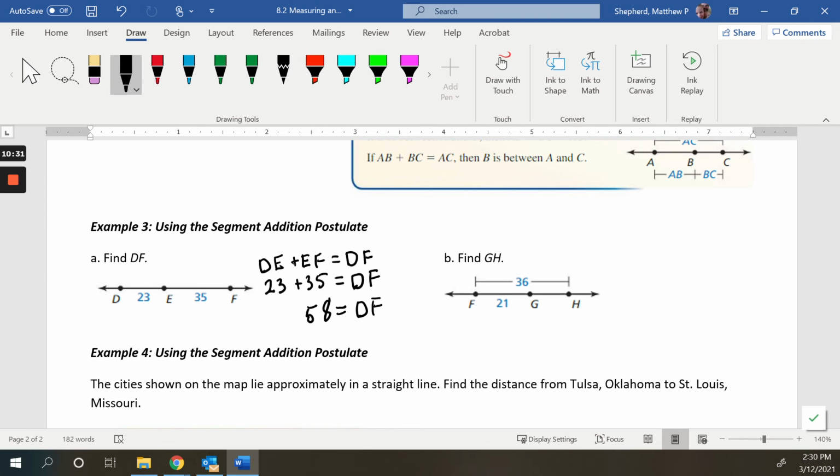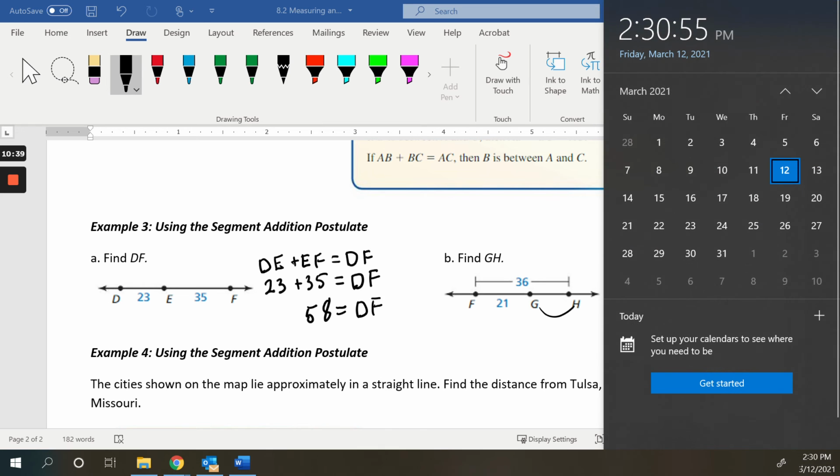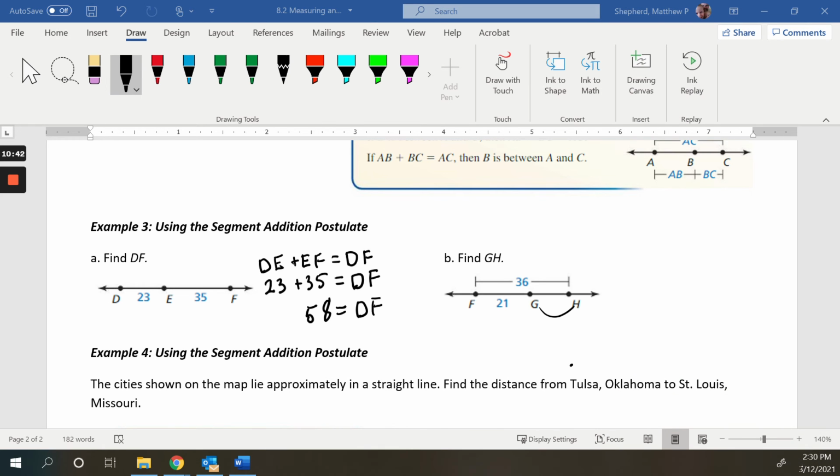Similar problem here, although notice this time they do tell us how long the entire one is, and we're trying to find a smaller segment. But the postulate still exists. So F to G, one of the smaller segments, plus G to H, the other small segment, should be equal to the entire segment. Now we know the entire segment was 36.